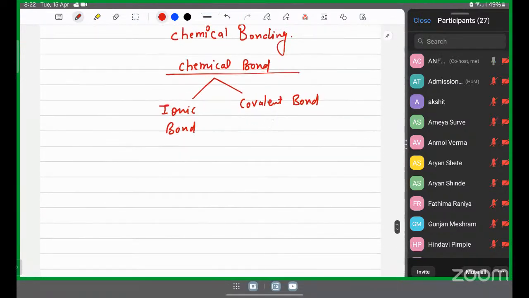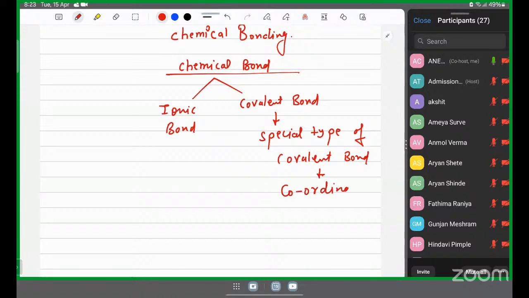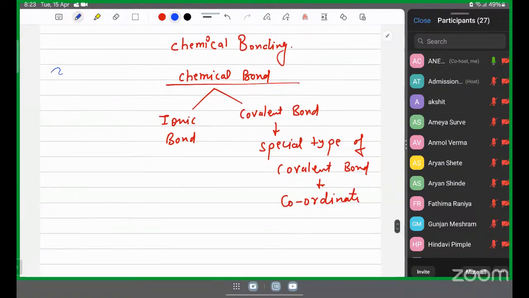Apart from these bonds, we also have certain special types of bonds.